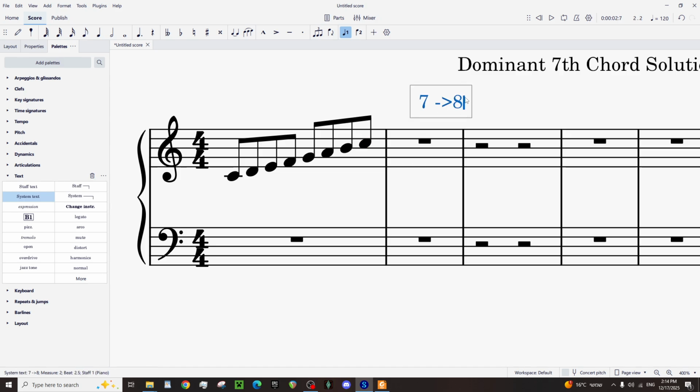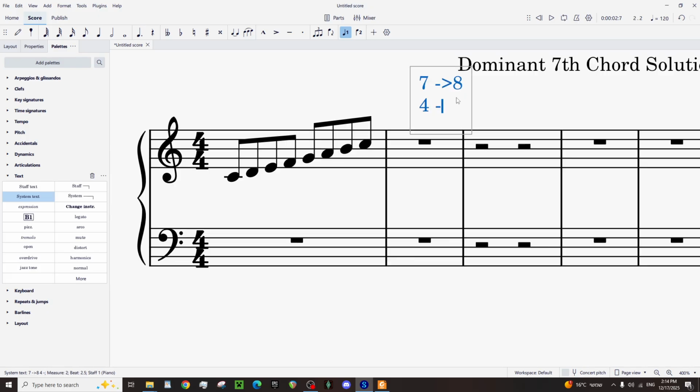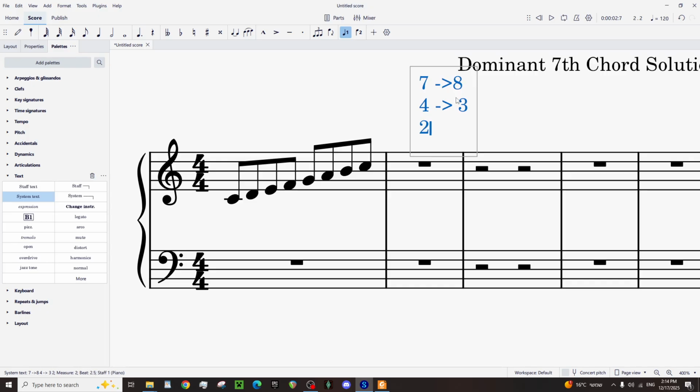Always, always, always. And you'll see what I mean by that in a chord context. But just know this is always the way. The fourth degree would always go to the third, and the second degree would always go to 1.